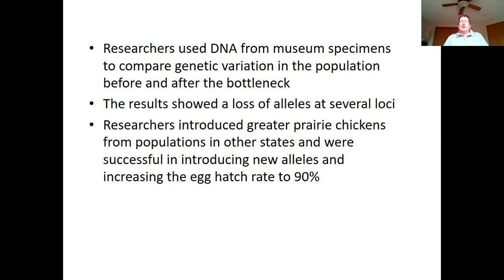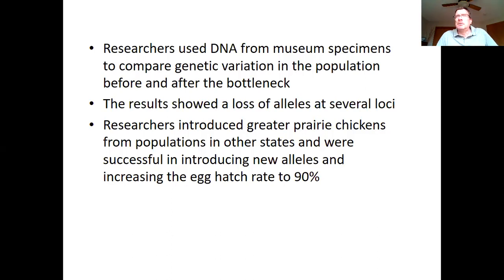So researchers used DNA from museum specimens of prairie chickens to compare the genetic variation before and after, to figure out what alleles were lost and at which loci they were lost, and then introduced greater prairie chickens from populations in other states. And by introducing those new alleles, now, are they exactly, to use an agricultural term you hear at the farmer's market about heirloom tomatoes and stuff, the Illinois prairie chicken anymore?